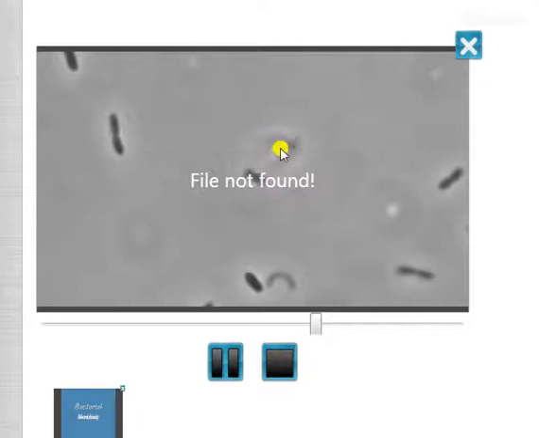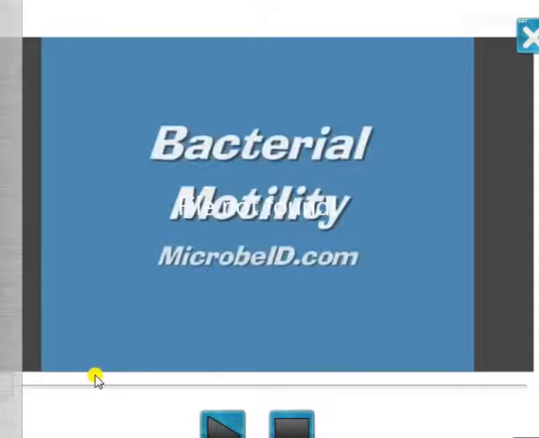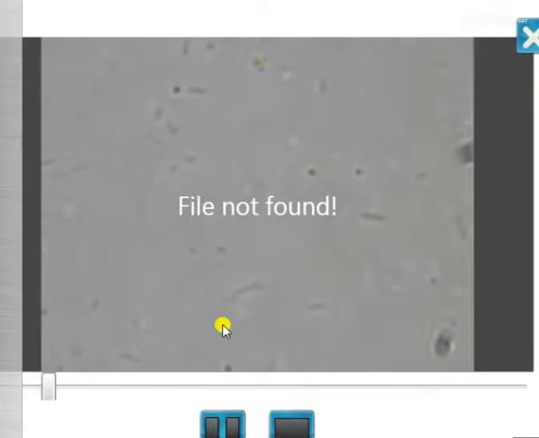Here you can see the bacteria is moving. See, the bacteria is running from one place to another. This is also one of the videos where you can see the bacteria move with the help of flagella.